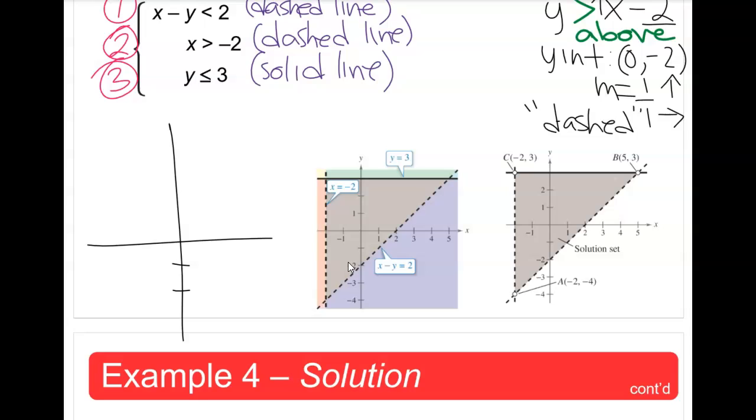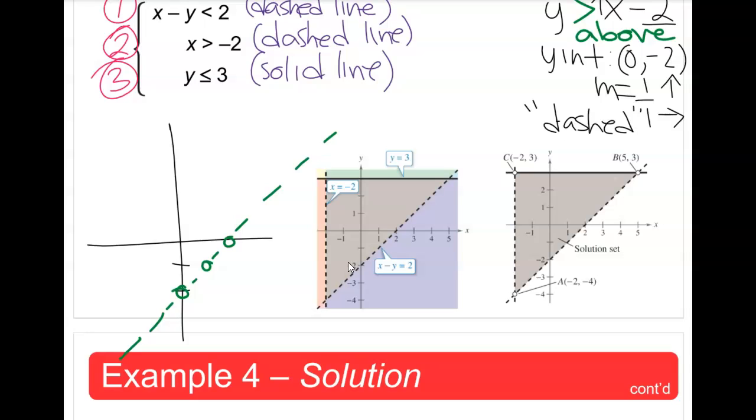I'm going to draw an open circle because that is not a point on the graph. And then I'm going to use the slope. So I'm going to go 1 up, 1 to the right. So right there, 1 up, 1 to the right, right there, and so on. So this is going to be a dashed line, not solid, remember, because we don't have the inequality symbol.